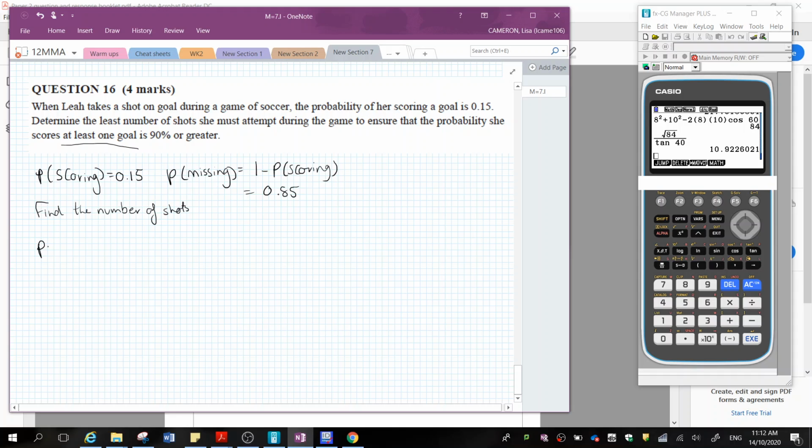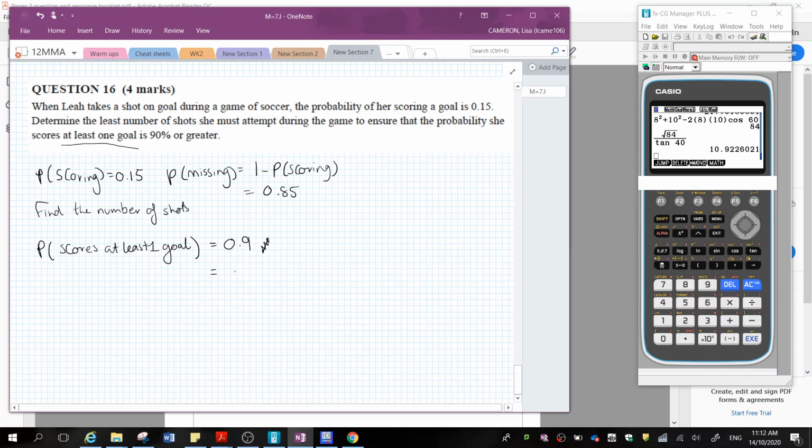So we want the probability that she scores at least one goal to be equal to 0.9, or 90%.